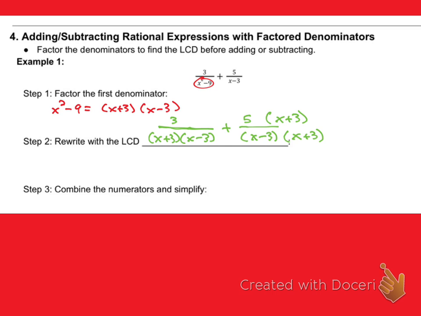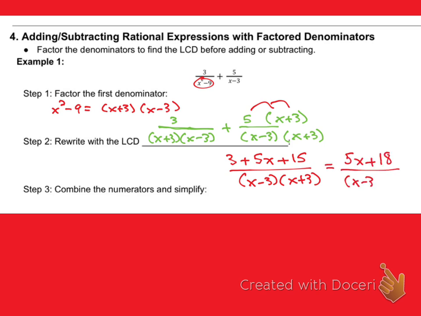And then we would have the same denominator. We would need to distribute the 5. Should give us 3 plus 5x plus 15 over x minus 3, x plus 3. Which means our solution would be 5x plus 18 over x minus 3, x plus 3. All right.